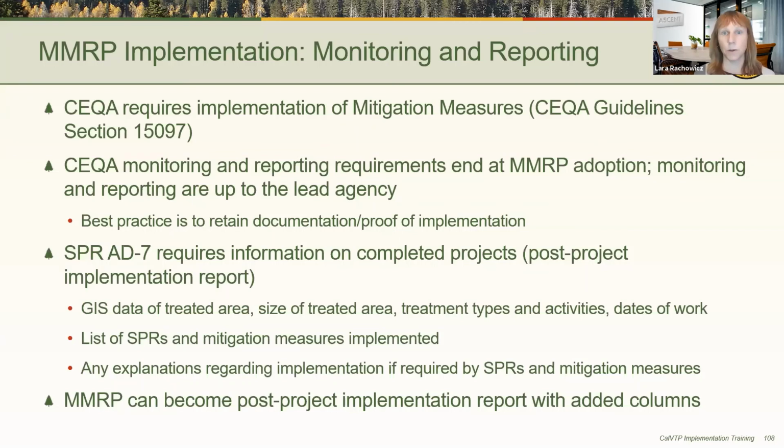Knowing this reporting requirement, one suggestion is to add a couple columns to the MMRP that is created for the PSA to turn it into an implementation guidance document that can later serve as the post-project implementation report. Next slide, please.